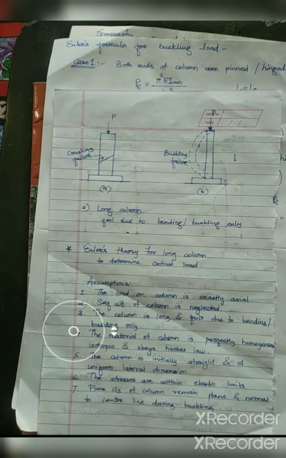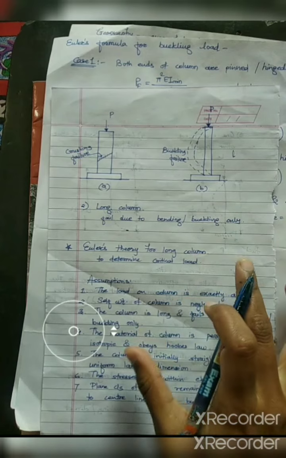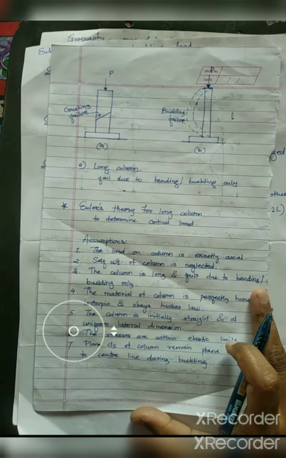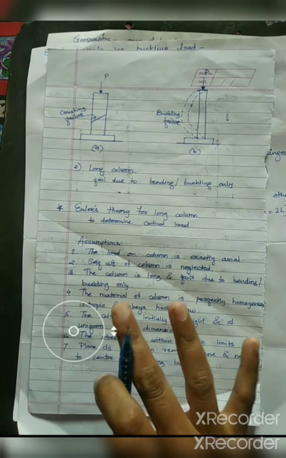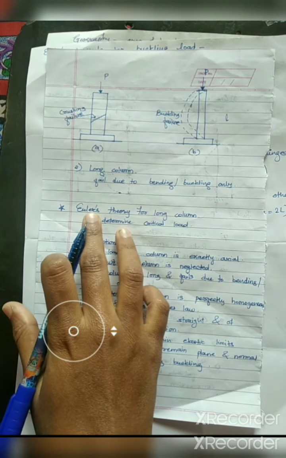Okay, so there is a theory. Next topic is, there is a theory which describes how to determine the critical load acting on the long column, and the scientist who invented that theory is known as Euler.